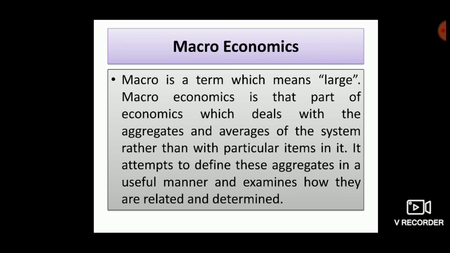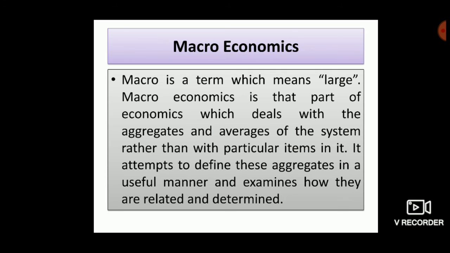Macroeconomics is that part of economics which deals with the aggregates and averages of the system rather than particular items in it. It attempts to define these aggregates in a useful manner and examines how they are related and determined.